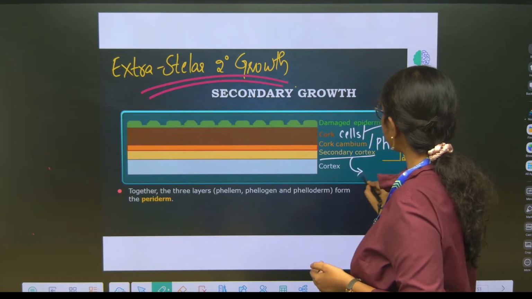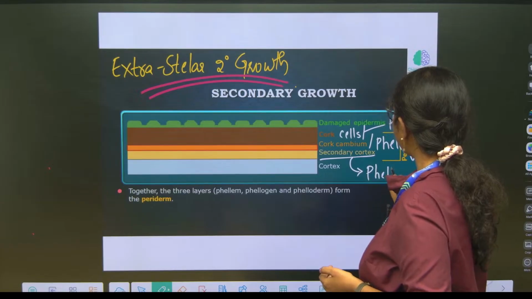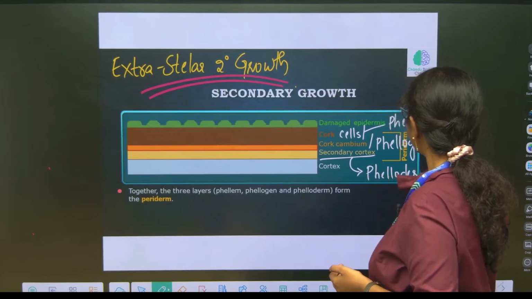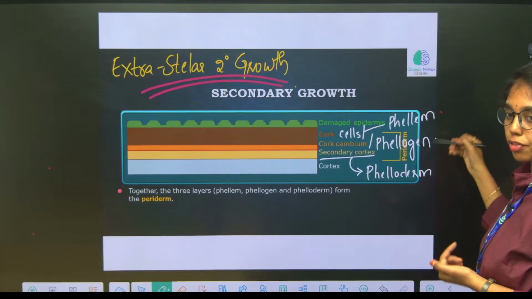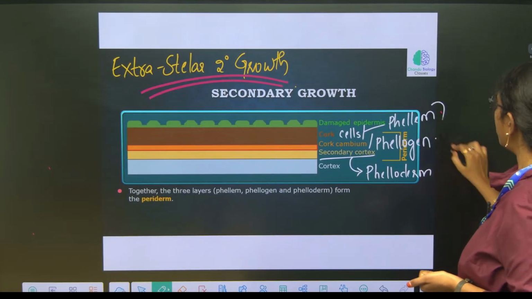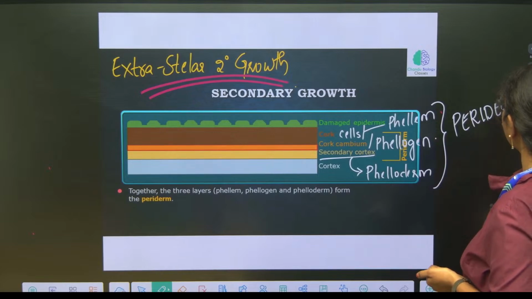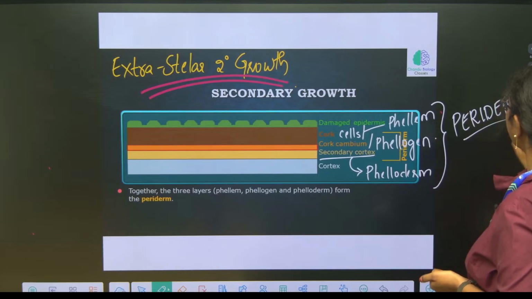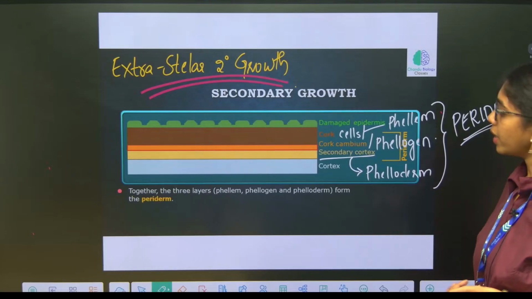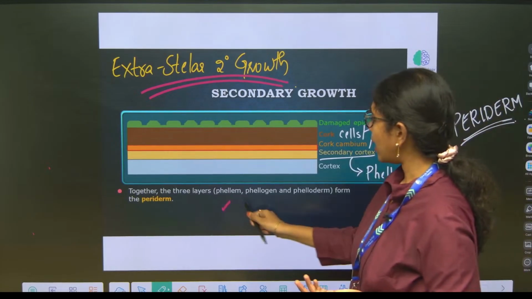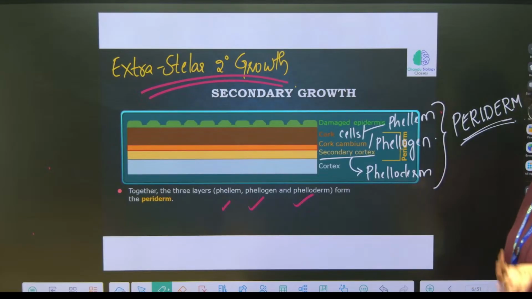Secondary cortex is also called phelloderm. So, phellum, phellogen and phelloderm together are called periderm.